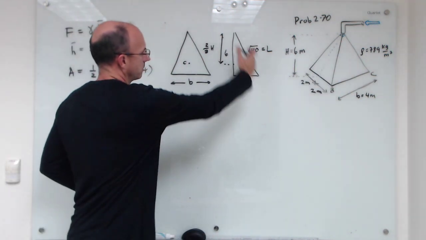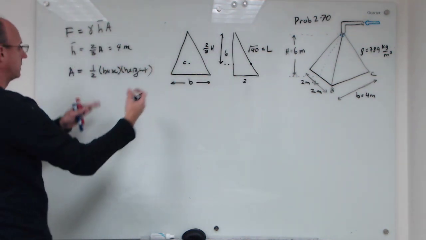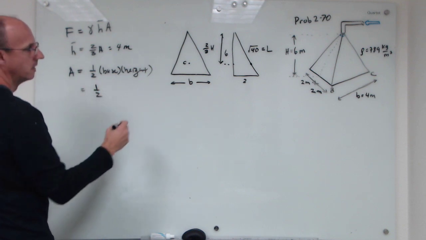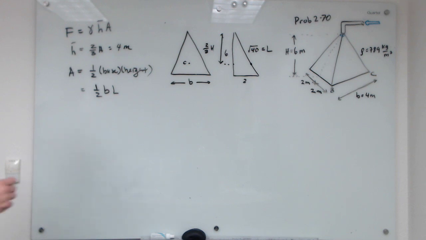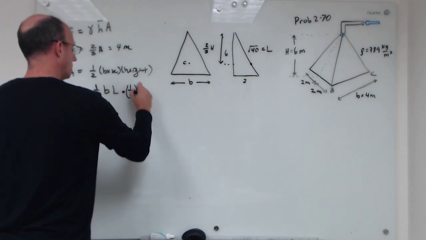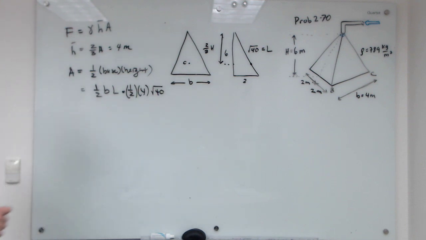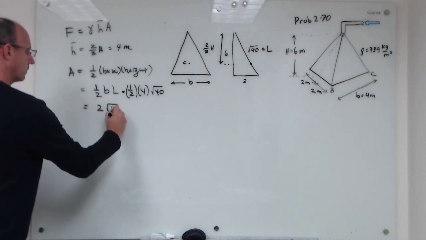So the area is along this hypotenuse. And so in that case, the height, according to this formula, is going to be 1/2 times B times L. So that would be equal to 1/2 of 4 times the square root of 40, or 2 times the square root of 40.